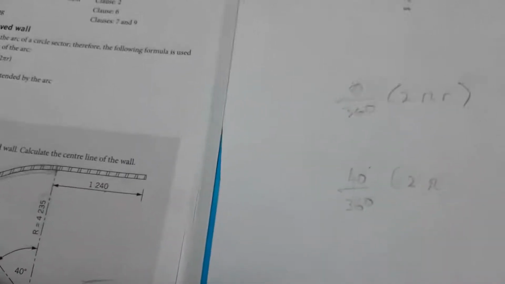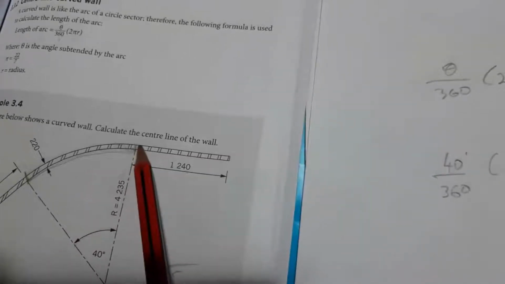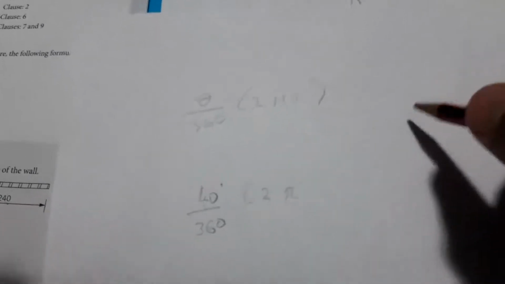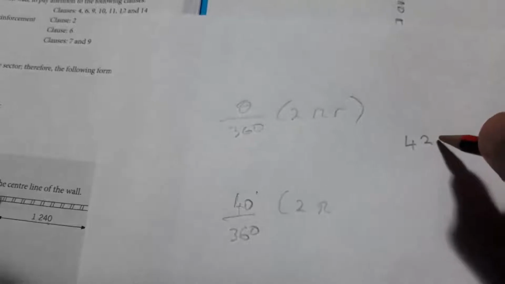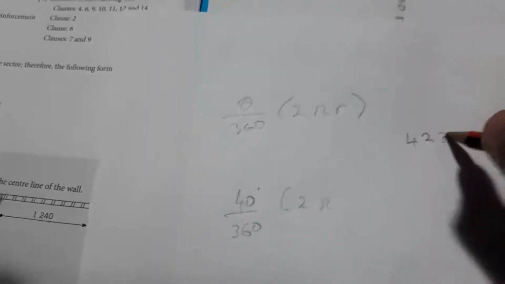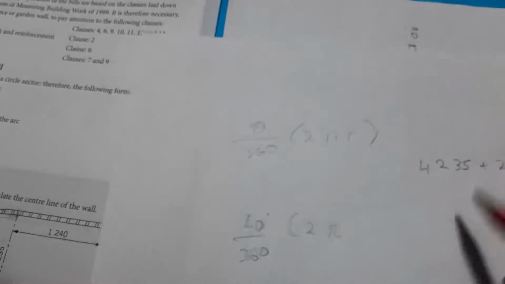So like I said, you'll have to add the radius with the thickness of the wall. So you must start with it. That will be 4,135 plus 220. Okay, let me take my calculator.